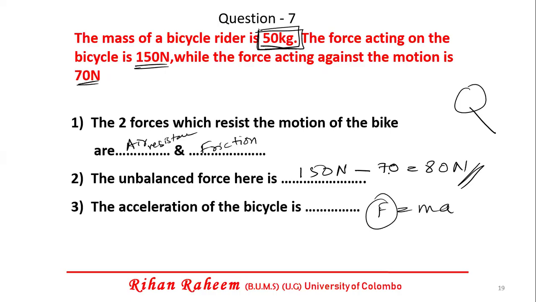Here the force will be the resultant force. You can't put 150 Newton. Even though the rider is putting 150 Newton, all of it is not used to move the bicycle, because 70 Newton are wasted in overcoming the friction and the air resistance. So only the remaining force is applied on the bike, the resultant we found. 80 Newton equals mass of the bike and rider, 50, into a.